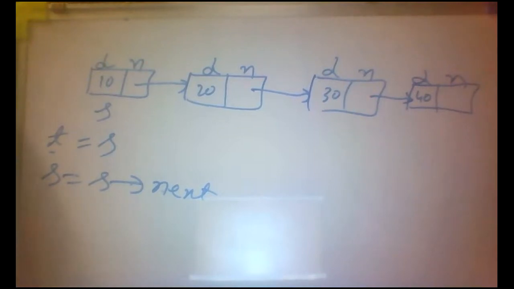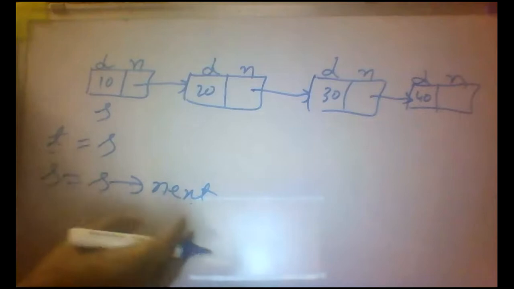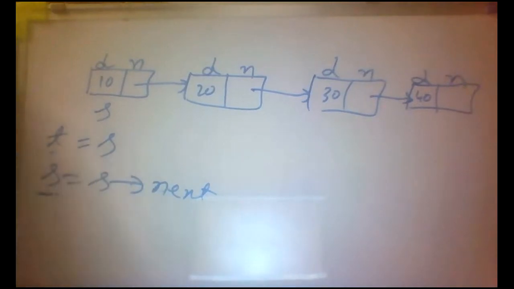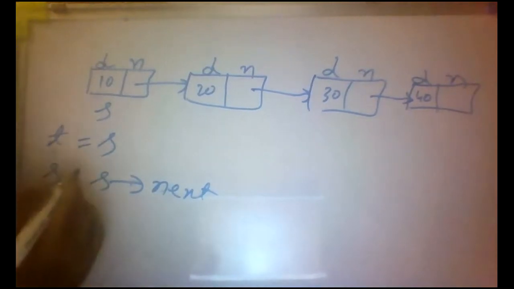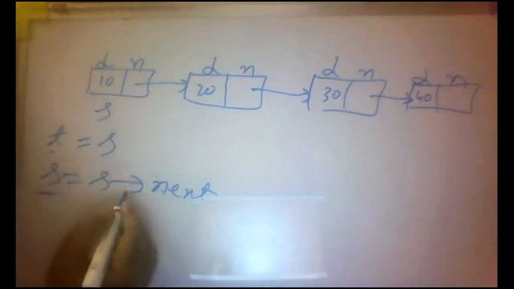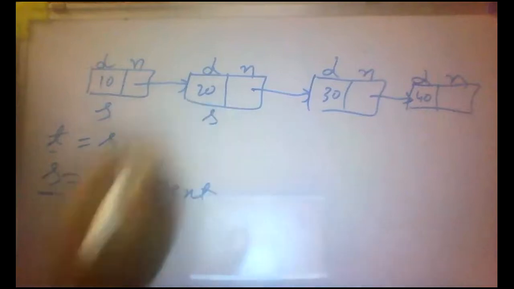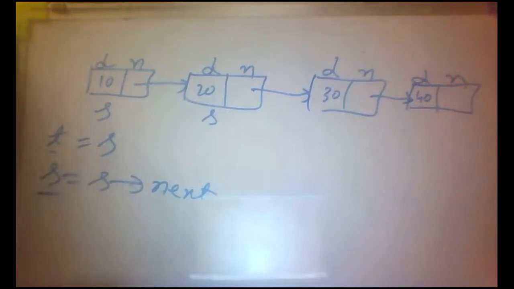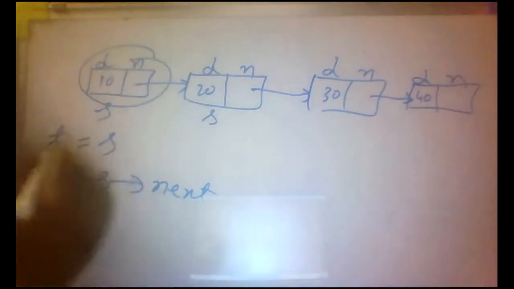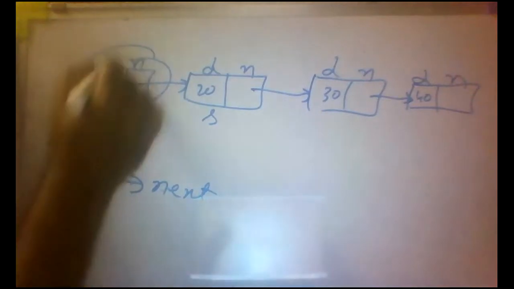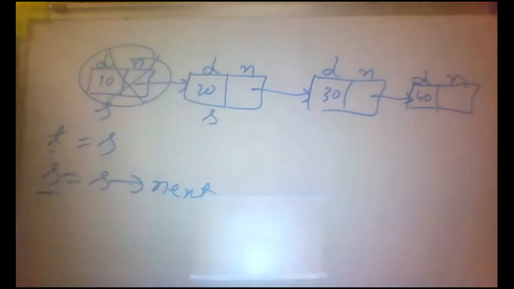So 1208 next equal to which room number? 1209. For example, here also the room number assigned into start. So then s equal to s2 next, this one, the starting position moved. Then free of the temporary variable, then remove from this list.